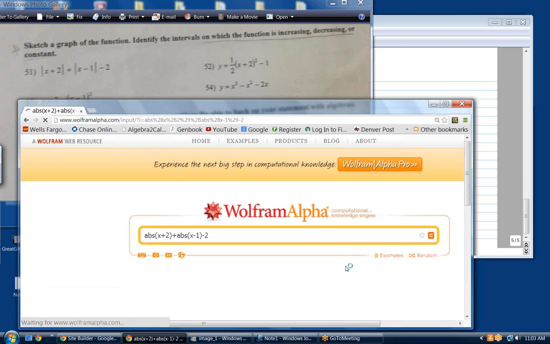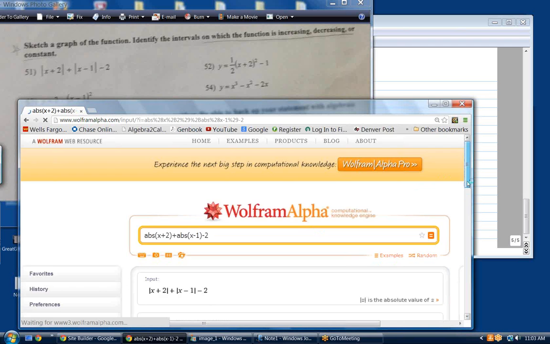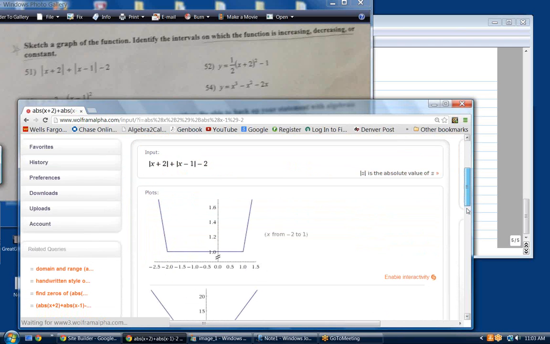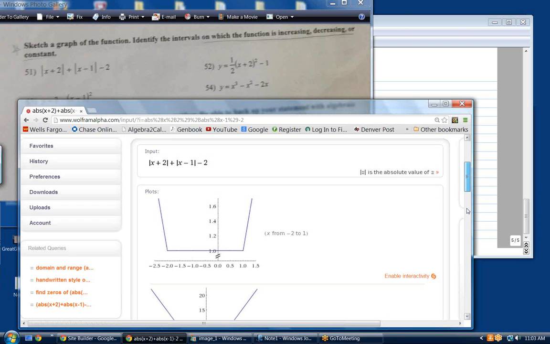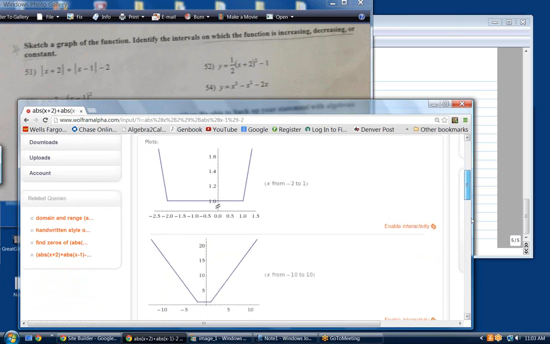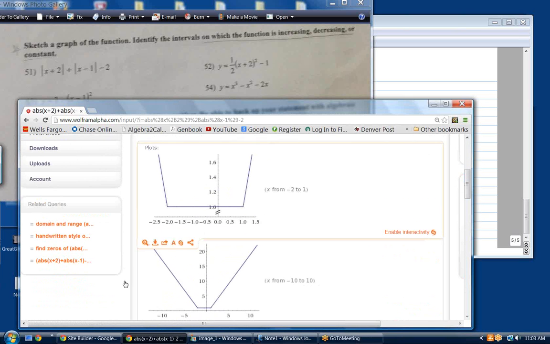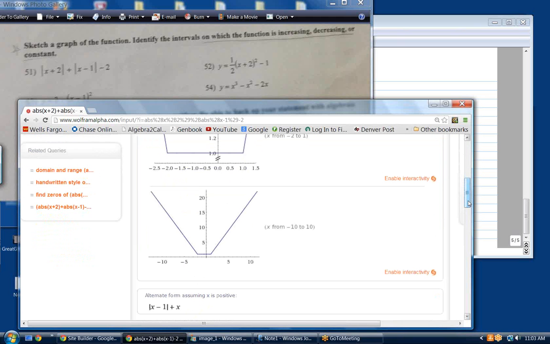This is one function only. It's not something equal to something else. Okay, so if I look at that graph, let's look at this bottom graph here. Where is it decreasing? On what interval?